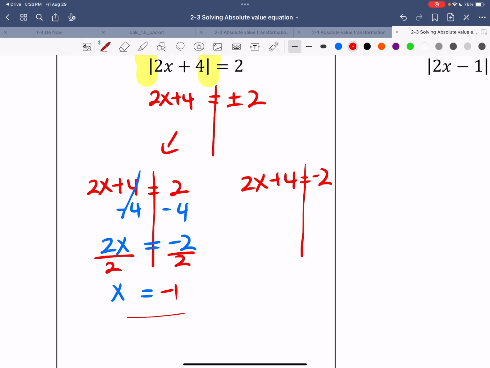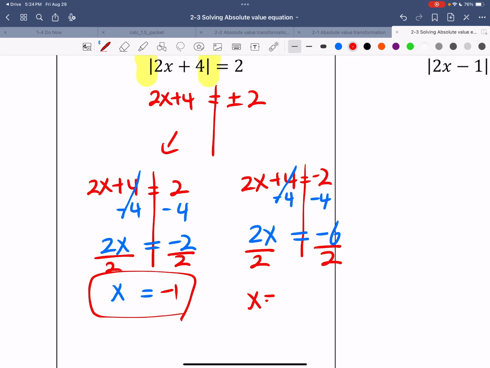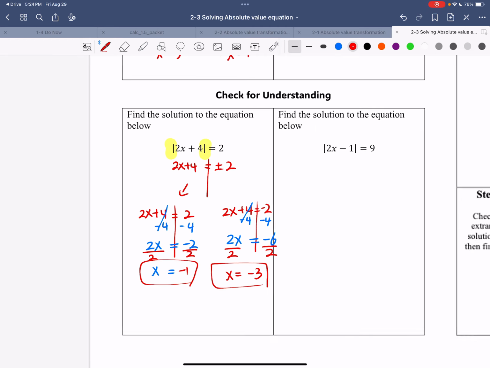Negative 1, like this. Same here. I'm going to subtract 4 on both sides. I'll get 2x equals negative 2 minus 4, which is negative 6. When you divide both numbers by 2, you will get x equals negative 3. So you will have two answers.